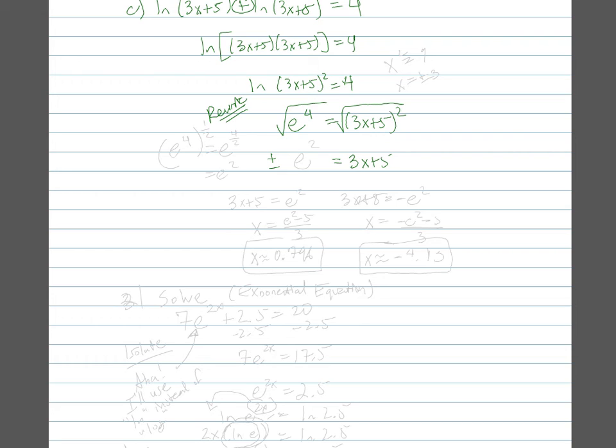And actually, think about e to the 4th square root. What power can I write square root as? Half. So if you multiply these, you're going to get e to the 4 over 2, which is just e squared. So you just get plus or minus e squared.